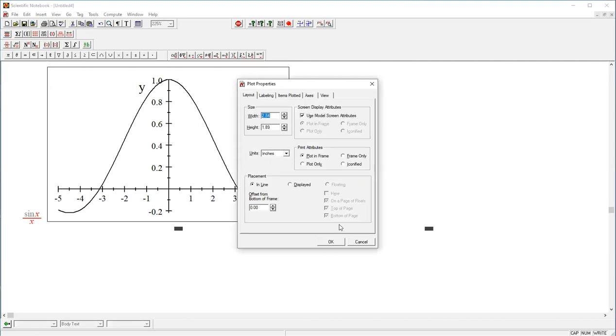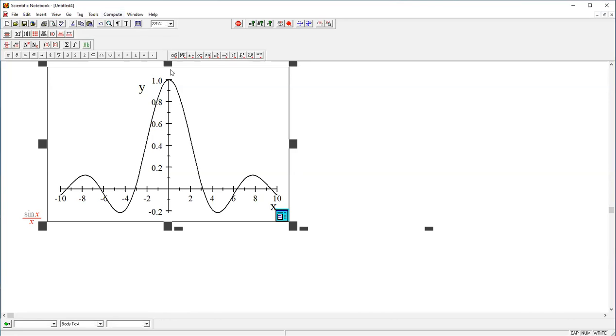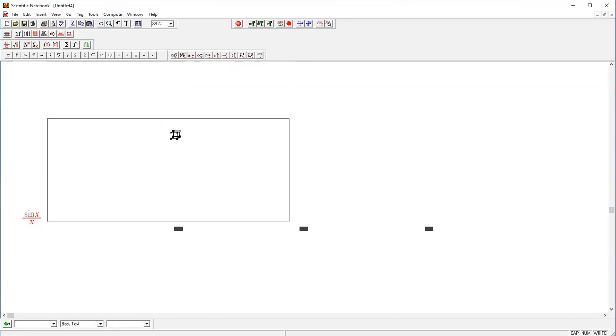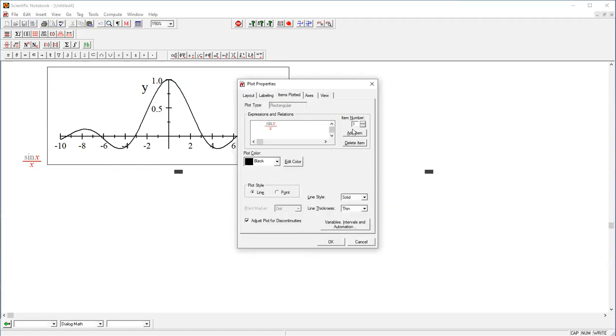If I show you the view, say -10 to 10, it could really go from -infinity to +infinity except 0. So at 0, this function is undefined. I'm going to put a little dot here.